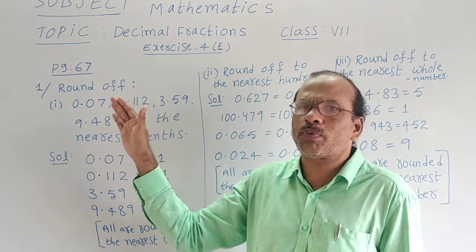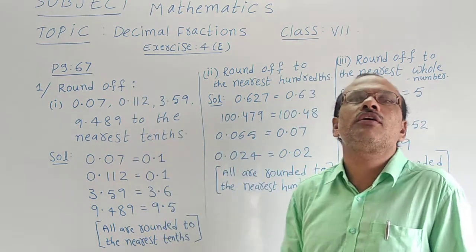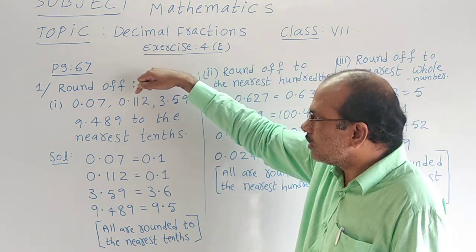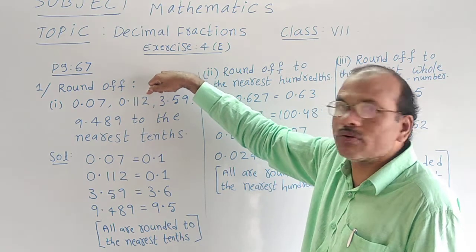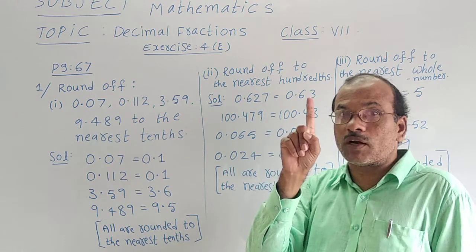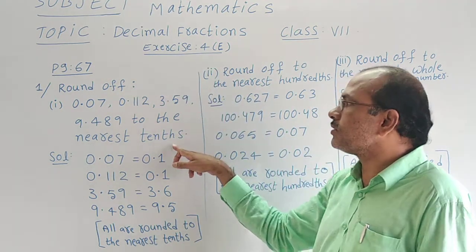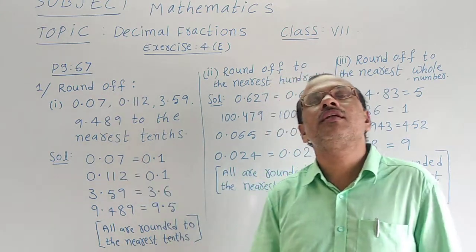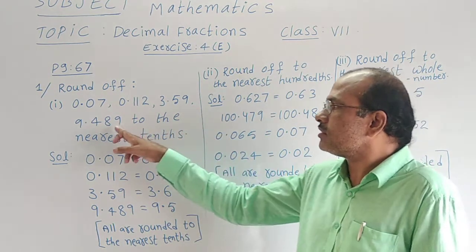That is only rounding off. Here tenths, hundredths, thousandths, three places are there, but they want to see only one place in the decimal part, that is only the nearest tenths. We should reduce to the nearest tenths. Same way this also, same way this also.